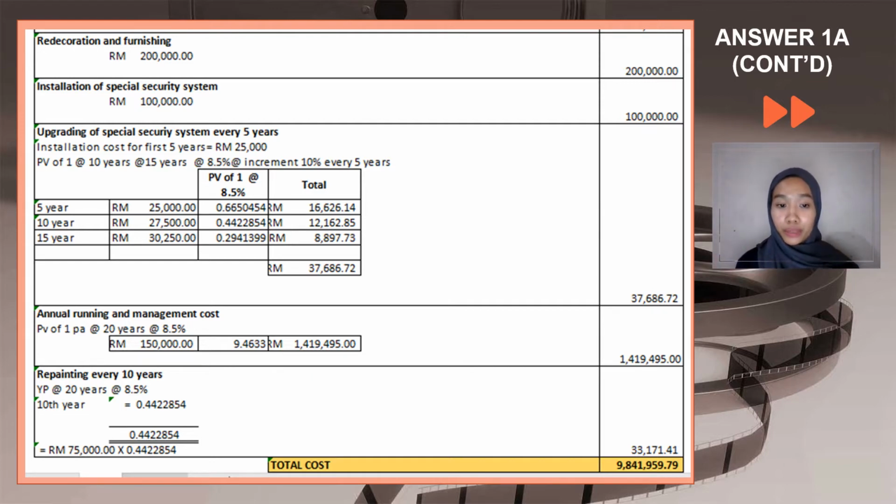Next, proceed to the annual running management cost. The annual running management cost is 150,000, but since it is annual, you have to update the cost for the next 20 years at the 8.5% interest rate. And lastly, for repainting, it is stated that repainting is done every 10 years.